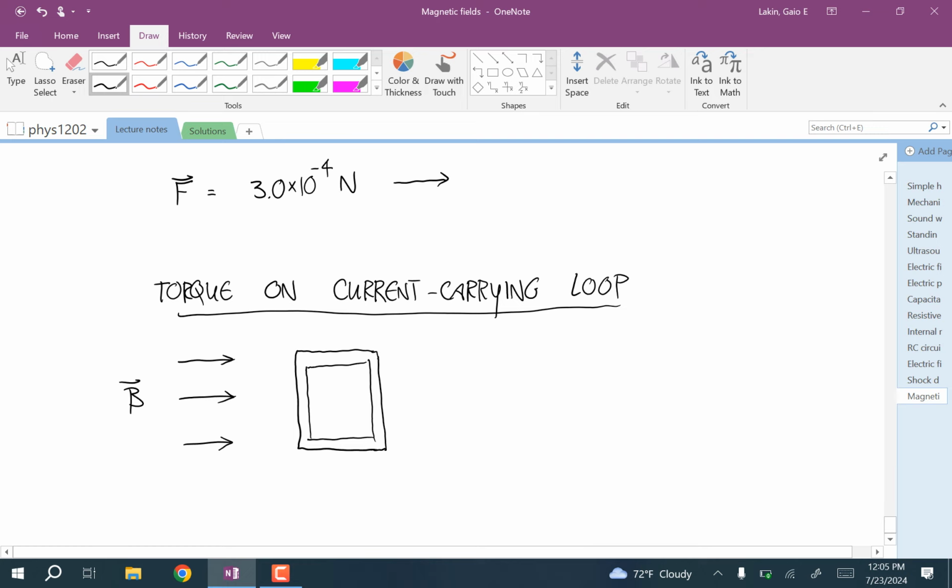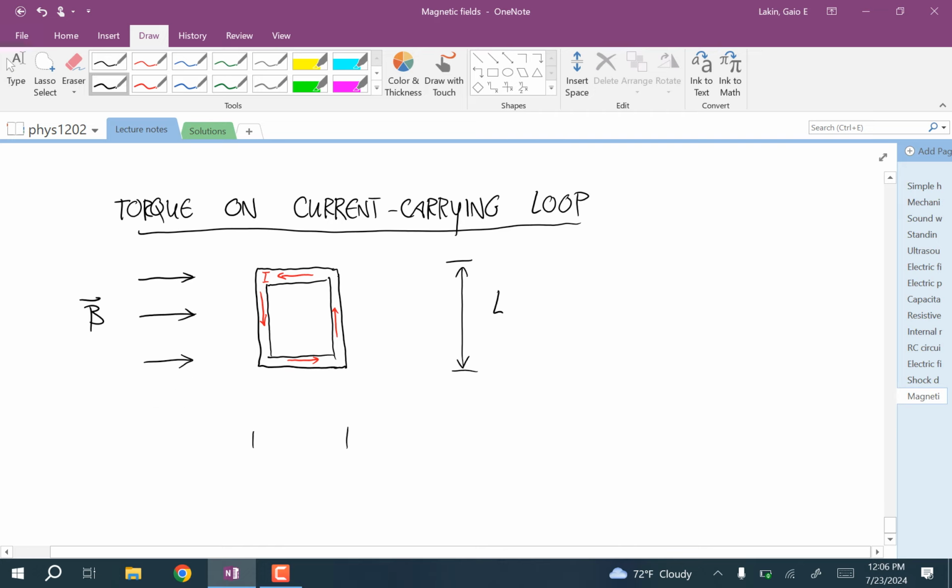And I'm drawing it as a rectangular loop, although the same principle works for any shape of loop, but it's easier to make sense out of if it's rectangular. And you have a current that's going around the loop this way. And let's say that we'll call this height L for length, and we'll call this the width W.